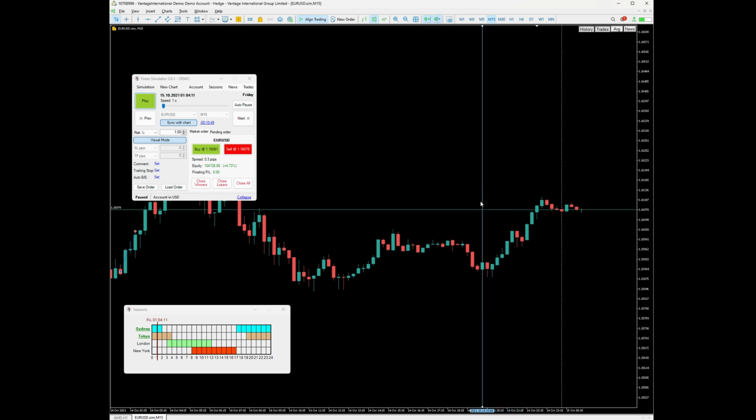8 o'clock. It's easier to do it in 15 minutes batches because the time here moves in 15-minute periods. So if you put a vertical line, it goes 15 minutes. 15 minutes.